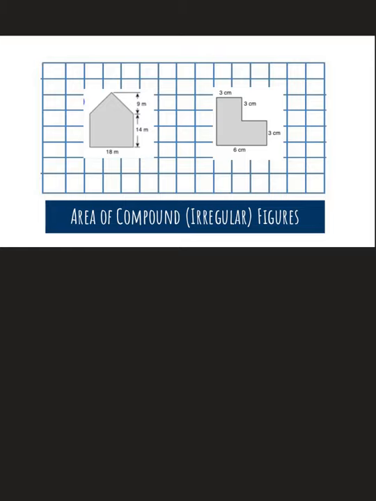So we've talked about area this week, and I just want to review with you quickly some of the different formulas for area that we've discussed. So we have talked about the area of a rectangle, and we know that the area is the base times the height, sometimes called the length times the width.